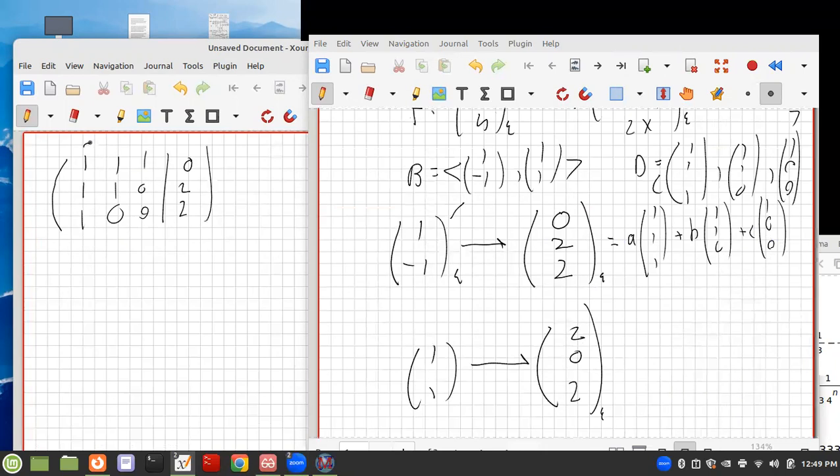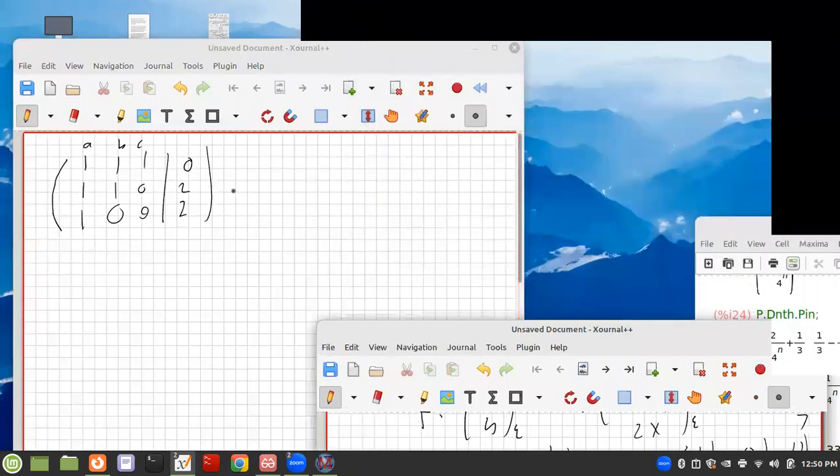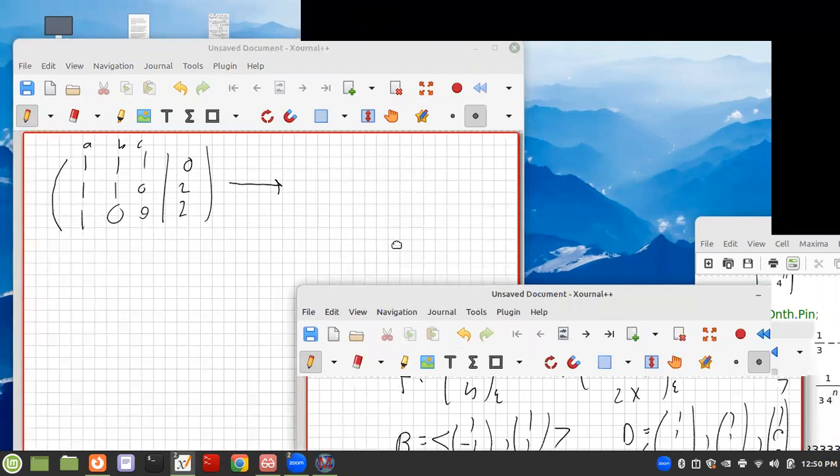And I'm looking to solve for A, B, and C. If I write this out, that's what this form will produce, right? And so then I have to go through and solve this linear system and find A, B, and C.